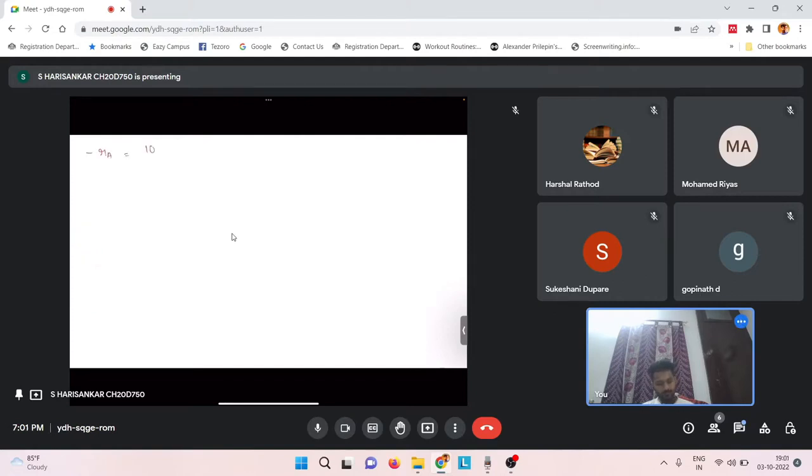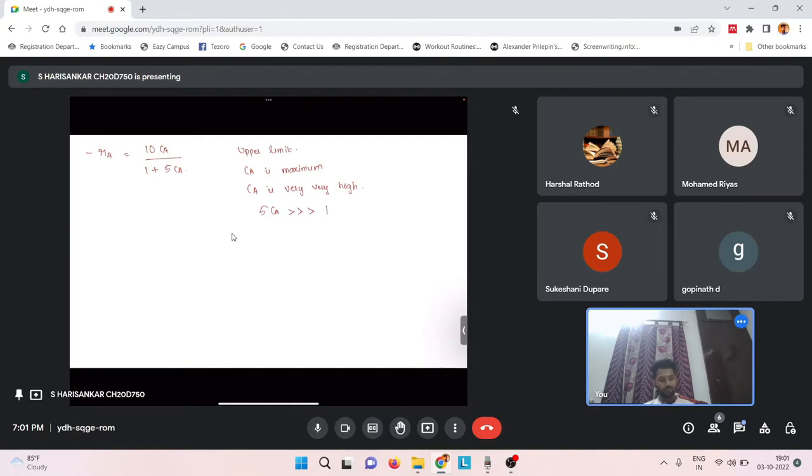Minus Ra is equal to 10 Ca by 1 plus 5 Ca. Now they have asked us to find this Ra at the theoretical upper limit. When they say upper limit, it means Ca is maximum, or Ca is very, very high, which means 5 Ca is very much greater than 1.